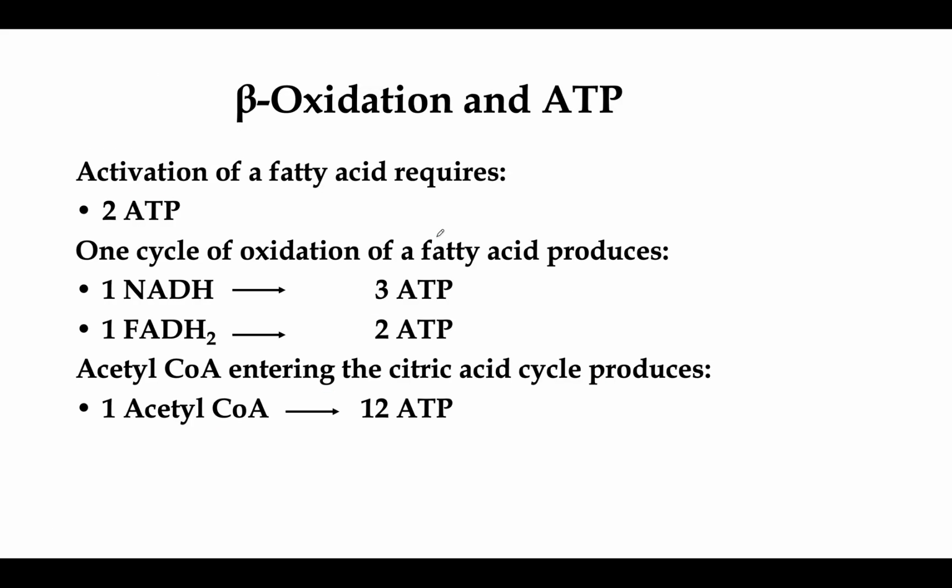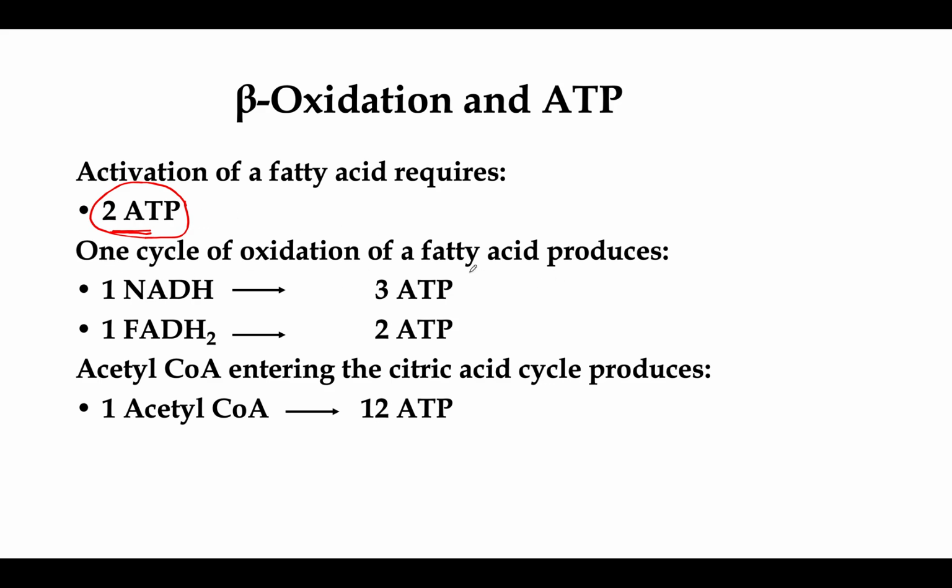Now we need to look at how to calculate the number of ATP molecules produced from a certain length fatty acid. So activation of the fatty acid molecule requires 2 ATP. Remember, I mentioned when we talked about the activation phase that ATP is getting converted to AMP, so I am using 2 high energy phosphate bonds. Therefore, for calculation purposes, I am using 2 ATP molecules.